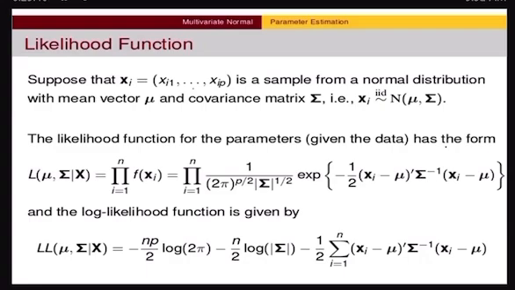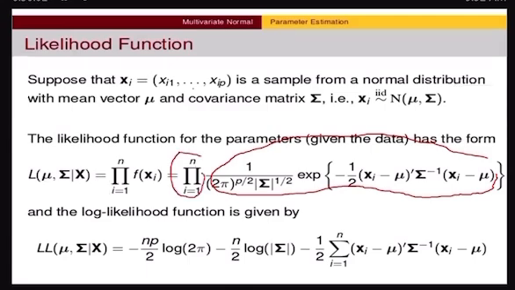Now we take a look at this. This is a multivariate normal density. If I want to use the method of maximum likelihood, I'm going to use the joint density. This indicates joint densities, so many of them, multiplied by each other.